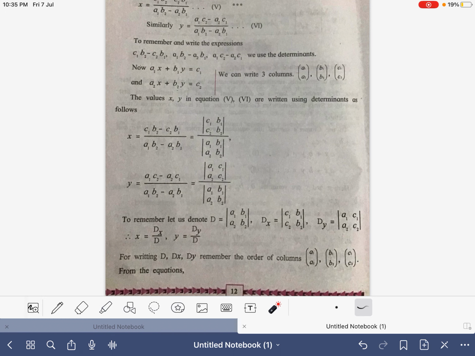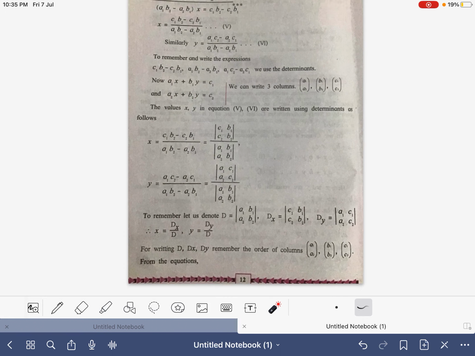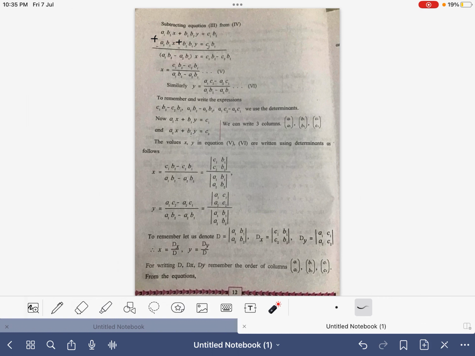So this is all about Cramer's formula or Cramer's rule, and we proved that we determine the values: what is meant by d, what is meant by dx, and what is meant by dy. By applying d and dx, d and dy, we get the value of x and y by using these formulas.